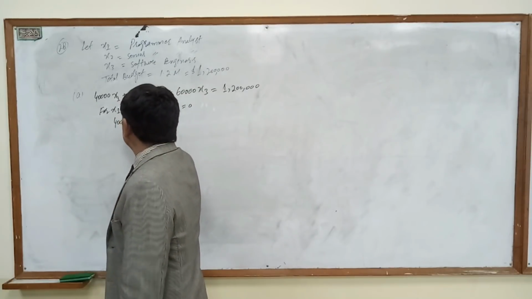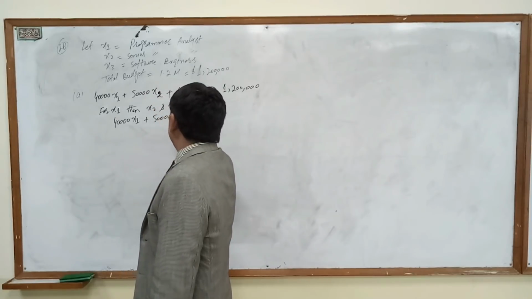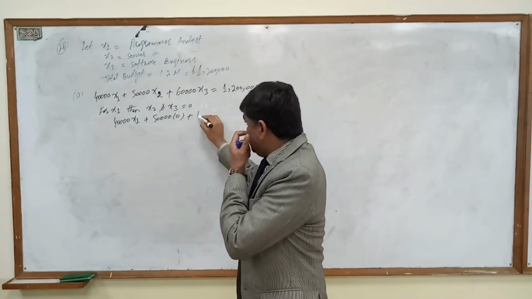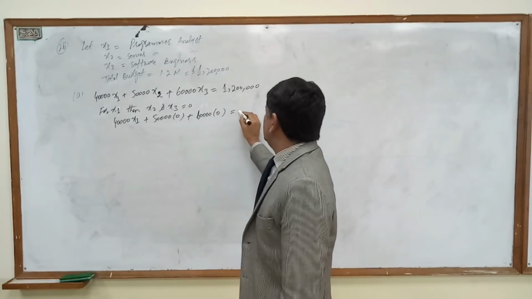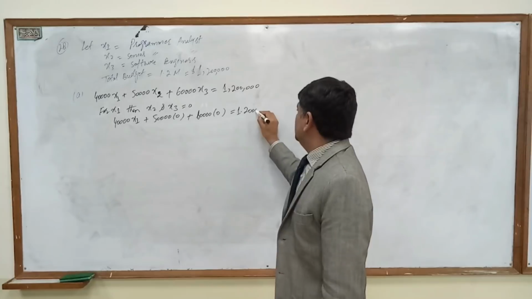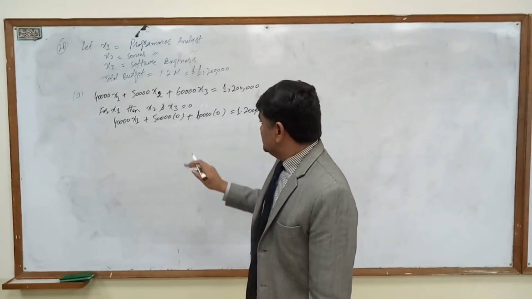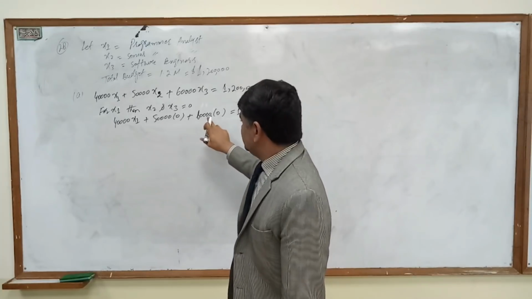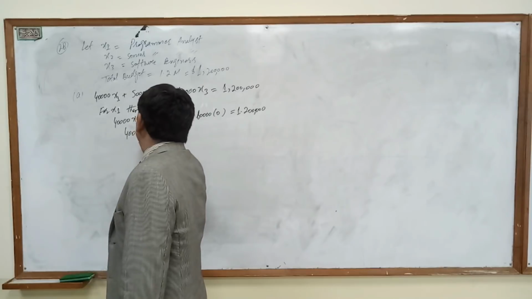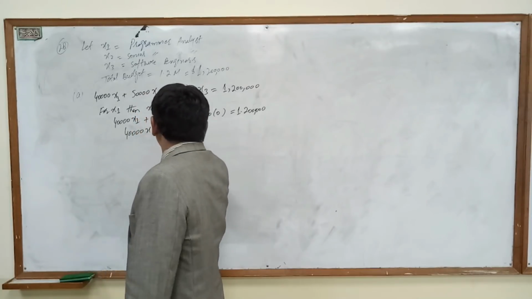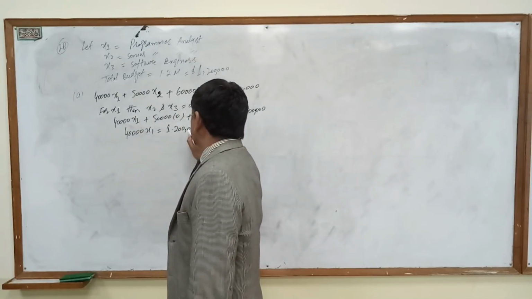So 40,000 X1 plus 50,000 into 0 plus 60,000 into 0 is equal to 1.2 million. So 50,000 into 0 is 0, and 60,000 into 0 is 0. So 40,000 X1 is equal to 1.2 million.